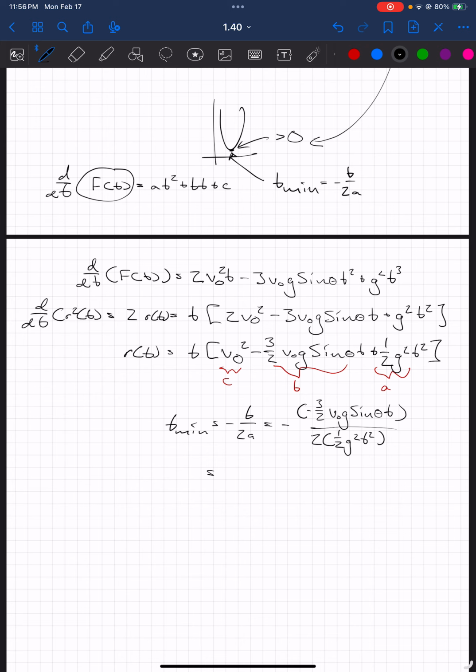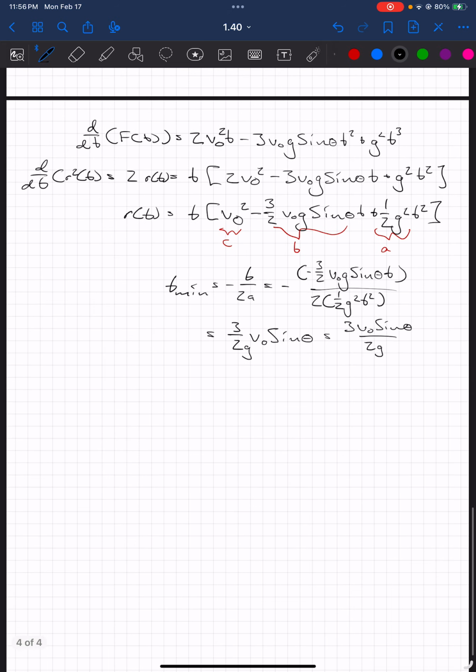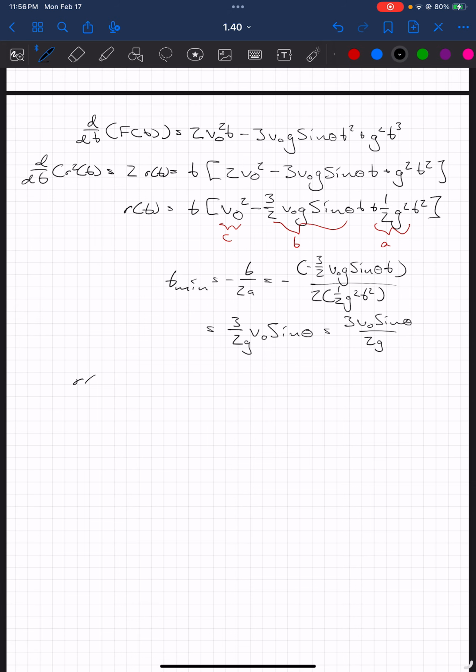We get that t min is actually equal to 3 over 2 v naught sine theta, and there's still a g on the bottom. So if we put the v naught sine theta up top, we get 3 v naught sine theta over 2g.